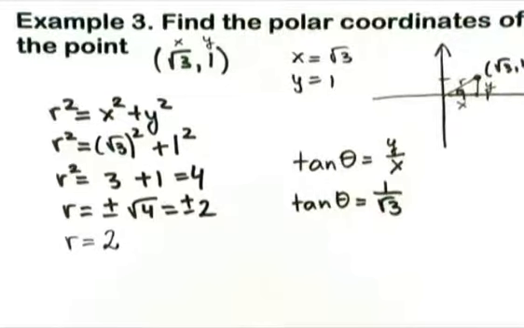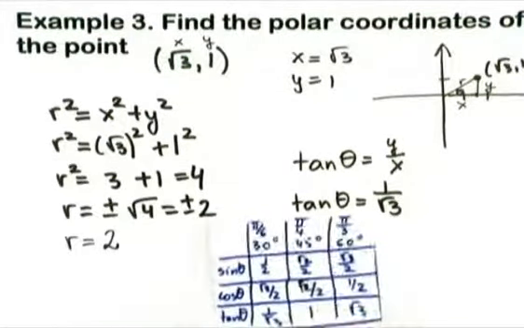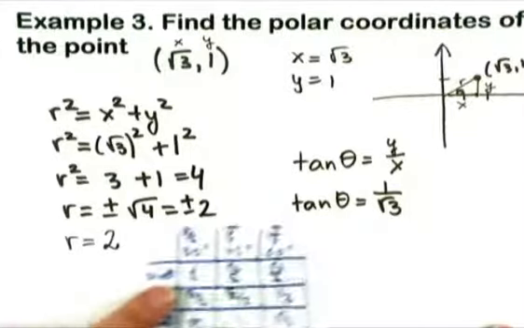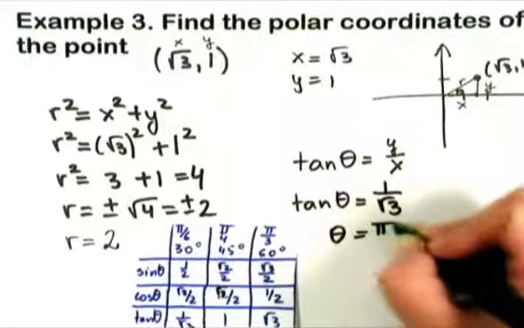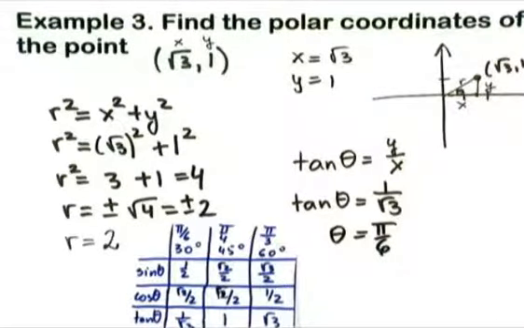Now we need our chart. Make your chart. So in that case, 1 over root 3 tangent is pi over 6 or 30 degrees. So my theta is equal to pi over 6 or 30 degrees.